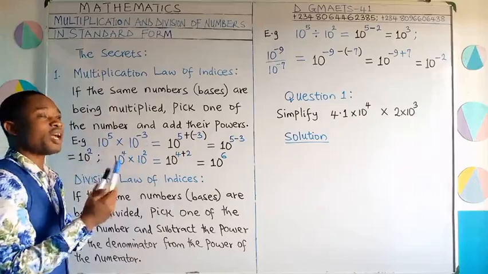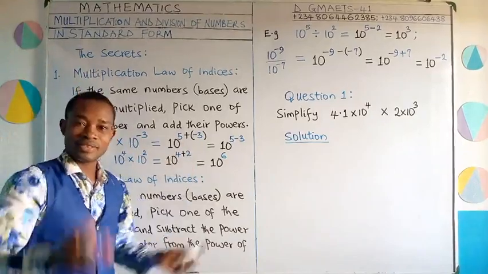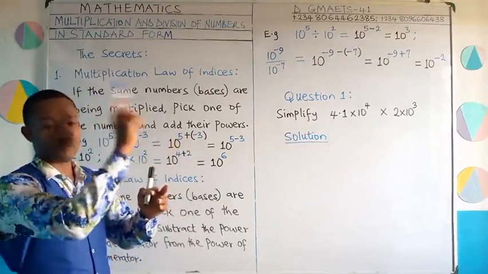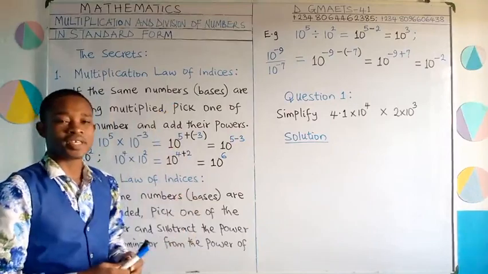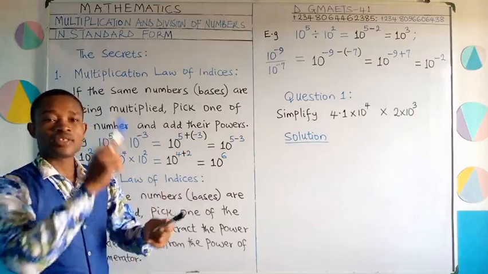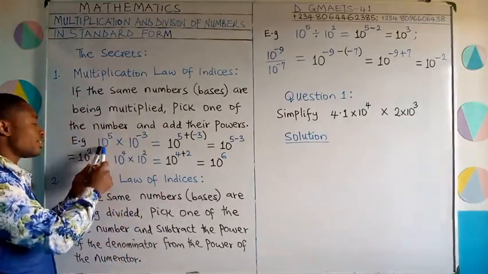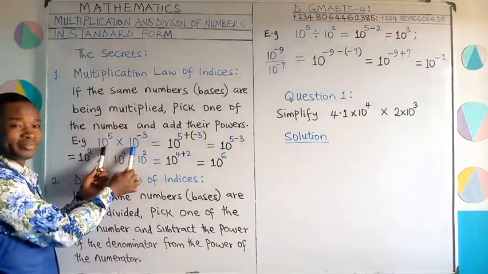If I give you something like 2 to the power of 5, that 2 is the base. The 5 is the power. If you have something like 6 raised to the power 3, that 6 is the base, the 3 is the power. So here that I'm multiplying 10 to the power 5 times 10 to the power minus 3, the bases are the same: 10, 10.